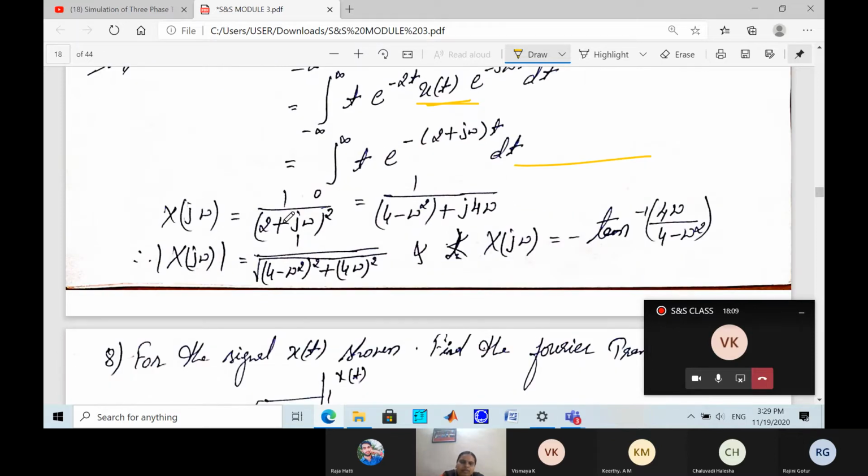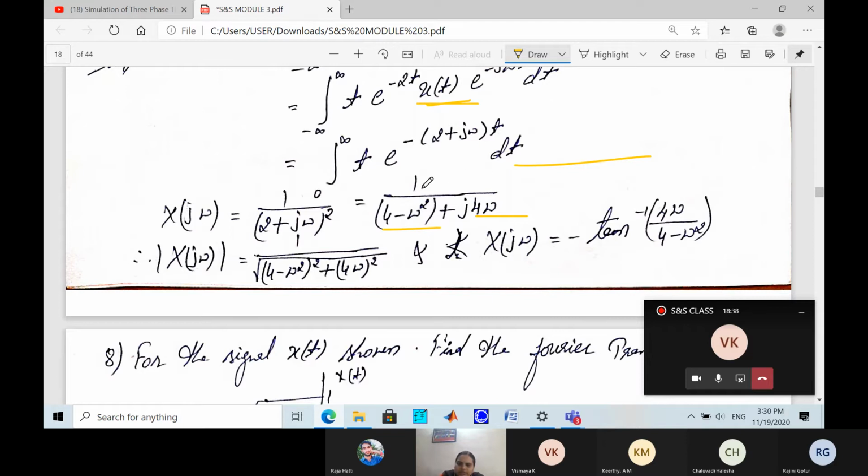Then what we have to find? We have to find the magnitude and also the phase. X of j omega is equal to 1 divided by, this is the real part and this is your imaginary part. Real square is 4 minus omega square, that squared, plus imaginary square is 4 omega whole square. And the angle of X of j omega is equal to minus, why is it minus?